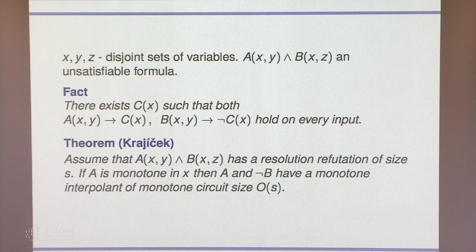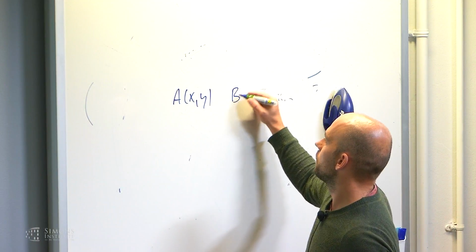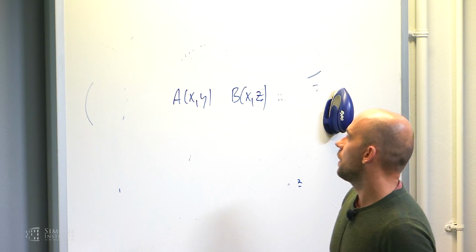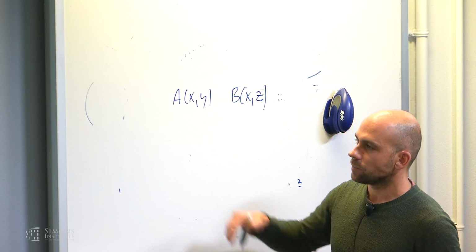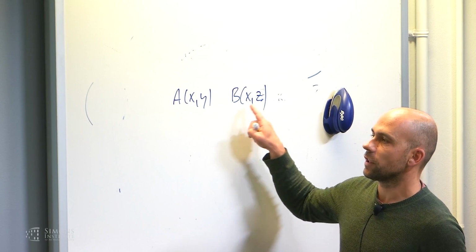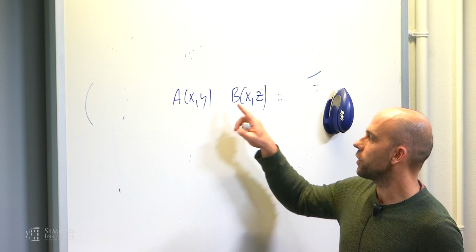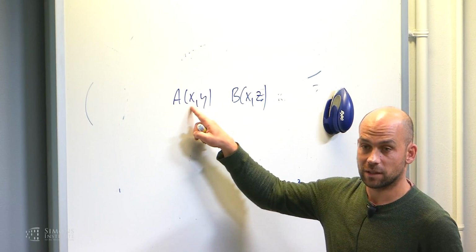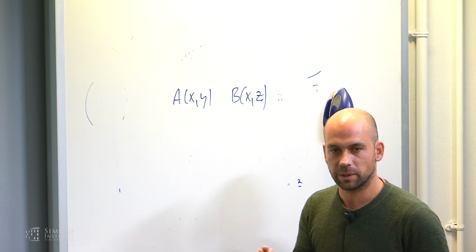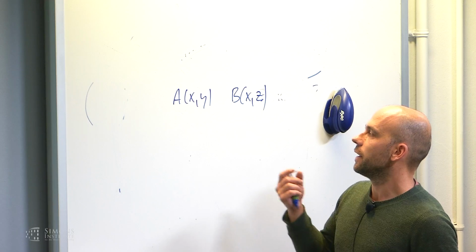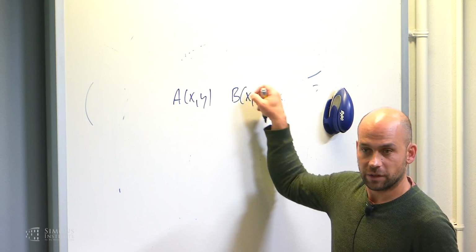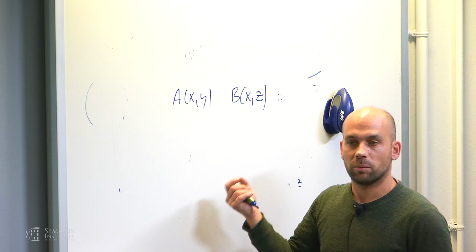So you have your CNFs A(x,y) and B(x,z), and basically the interpolant should tell you which of the two is unsatisfiable. If you fix an assignment for the variables x, then what you are getting is two CNFs which don't share common variables.